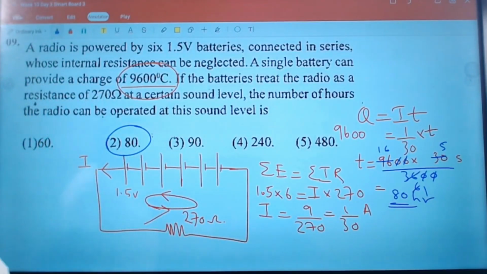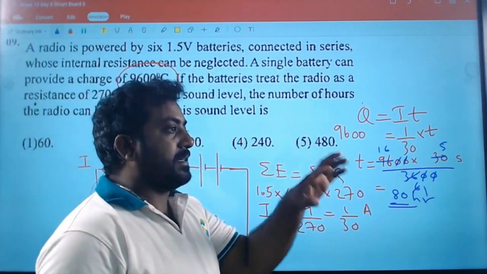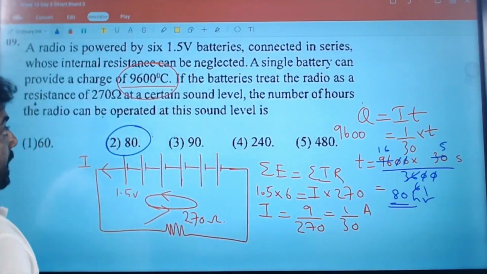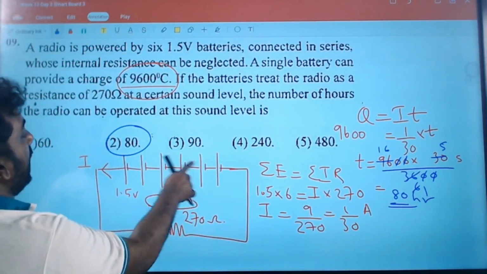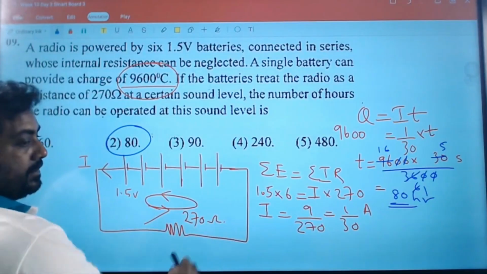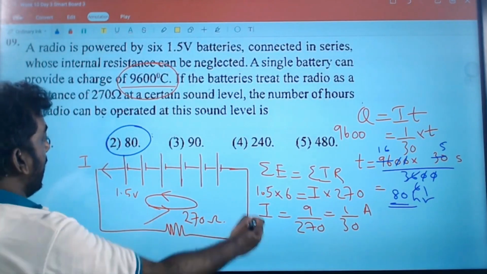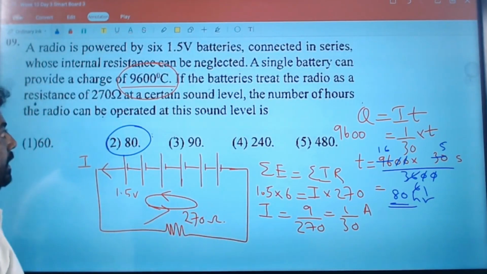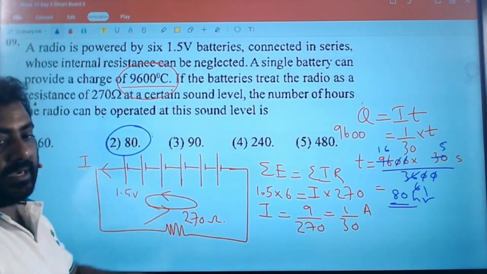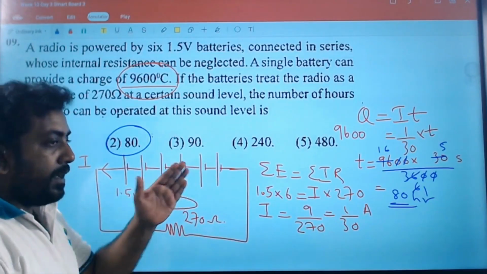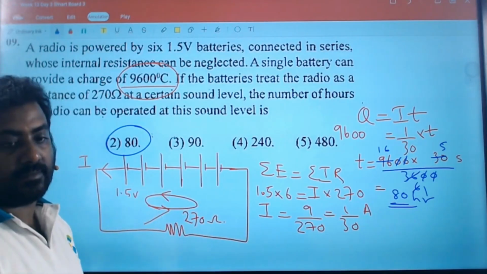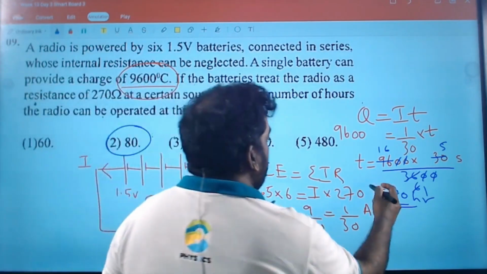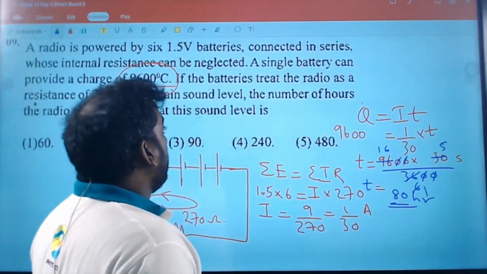So remember this very carefully. When you connect batteries in series and they are telling you a single battery can provide 9600, in this whole circuit, only a single charge is passing through. So current is constant, charge should be constant. If one battery reduces, the other should balance and somehow give the same charge. So here you will get the time 80 hours.